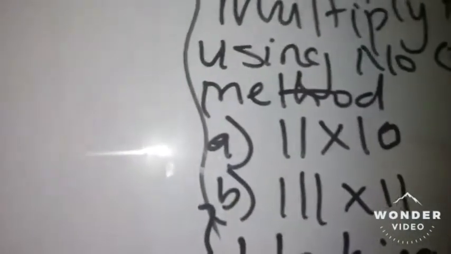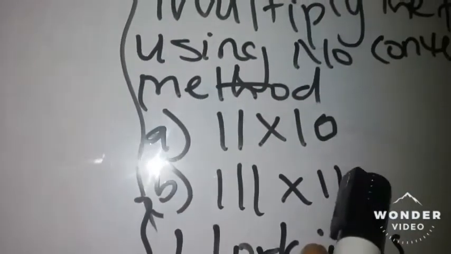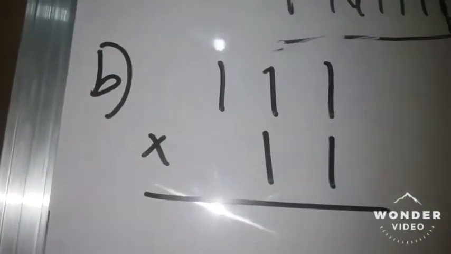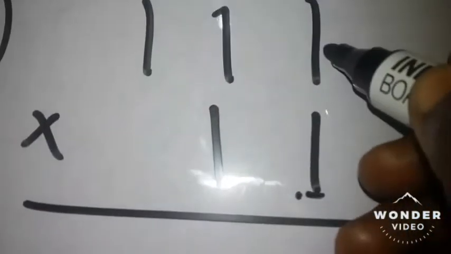So we go to B. That's 111 times 11. You pick it again from here. That's 1 times 1. This 1 times this 1 is 1. You write it under it, 1.